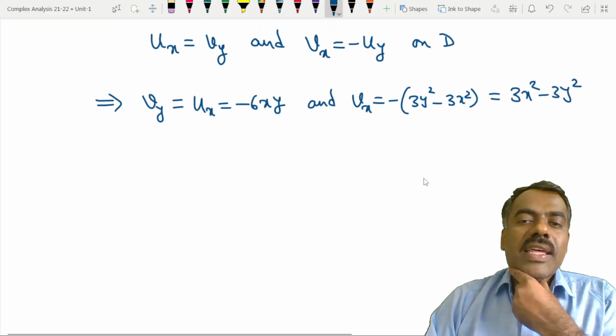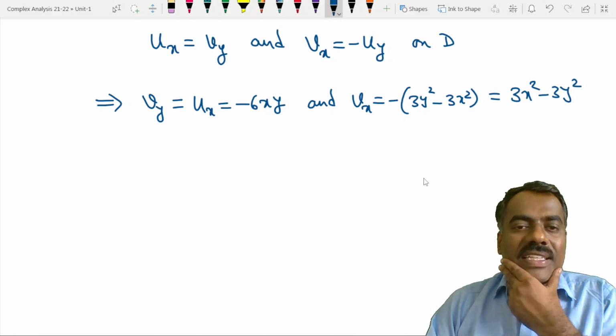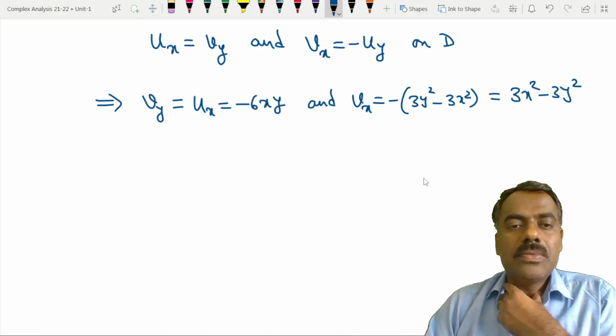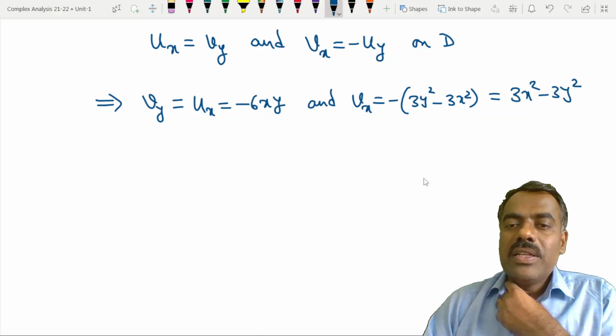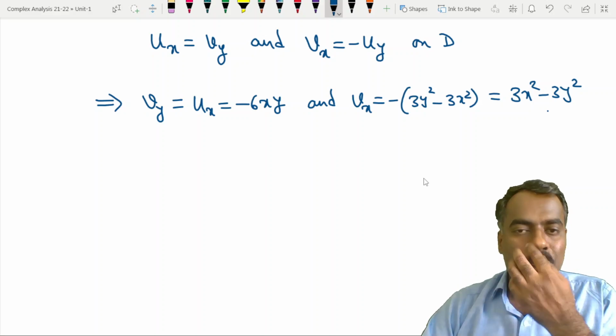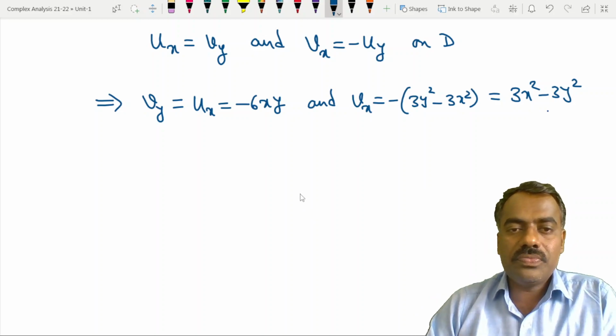Now, there are two ways. You fix x and integrate this with respect to y, and you will get v(x,y). Or you integrate with respect to x, fixing y, and you will get v(x,y). Is this clear?